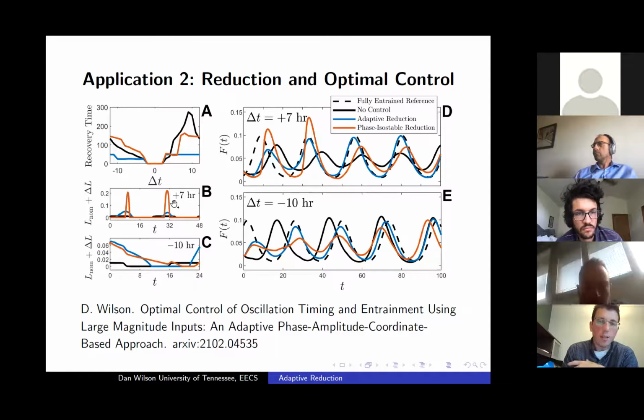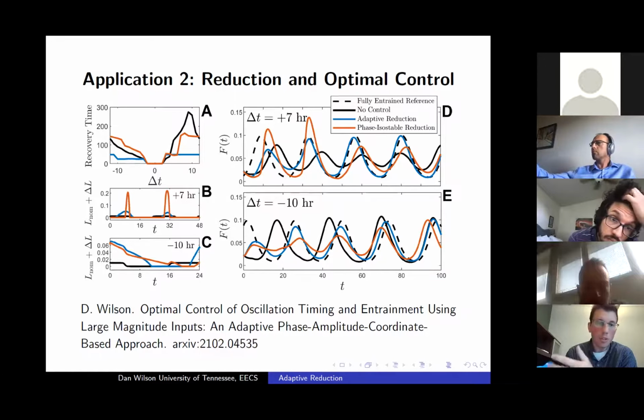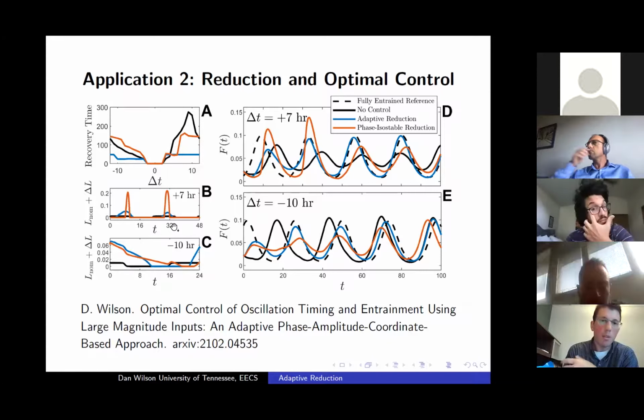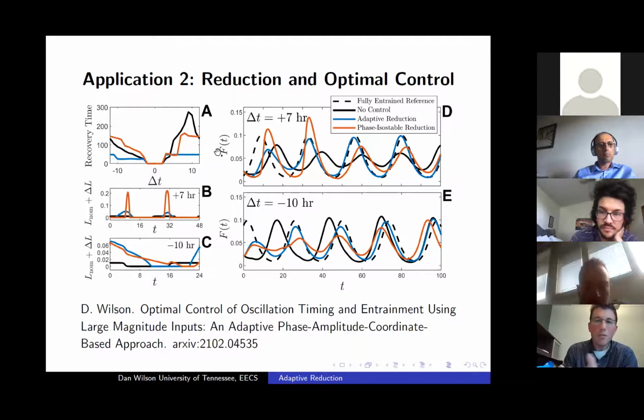So similarly, in panels B and C here, we show those actual inputs that come out of using this optimal control strategy. We have two big pulses here for this one that doesn't work, two slightly smaller pulses for this adaptive reduction strategy, which does work for the plus 7 hour time advance. For the minus 10 hour time advance, we have different inputs. And we can see that when we apply this to our system, looking at model observables, the dashed line is the fully entrained reference.